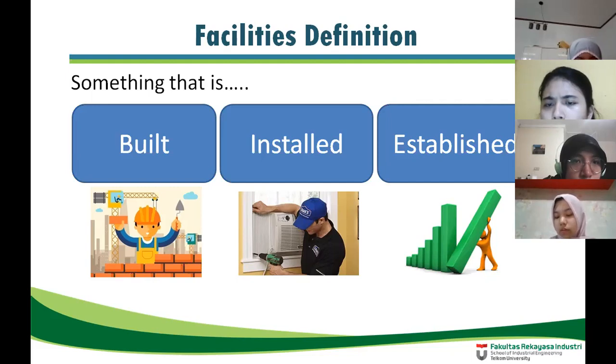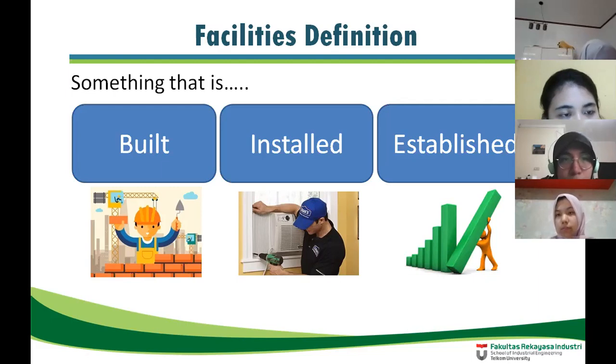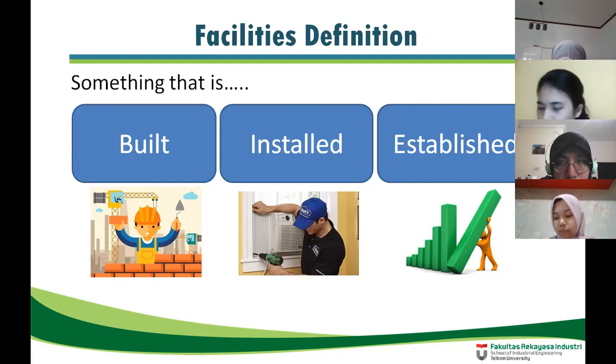Intangible means we can feel its existence, like safety, security, sanitation, money, investment. This is a kind of facility, but our concern in the facility planning subject focuses only on tangible items.